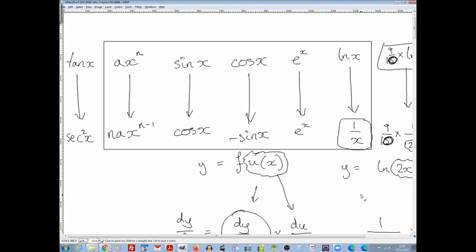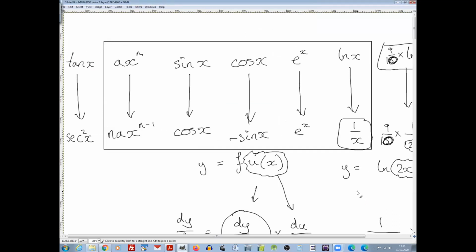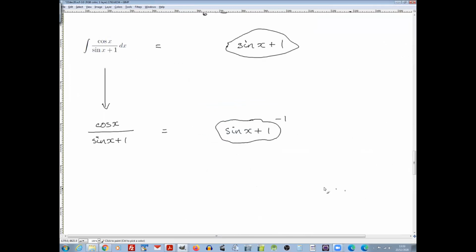Well, how is that 1 over x? How is the one we're doing 1 over x? Well, it's 1 over blob. Blob to the -1.